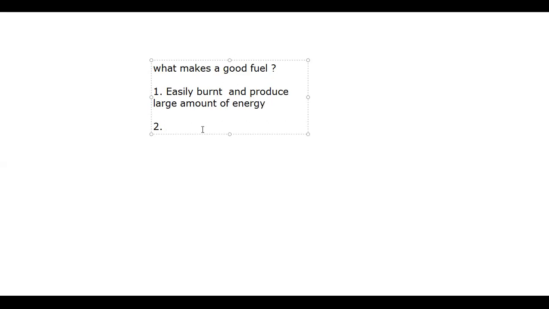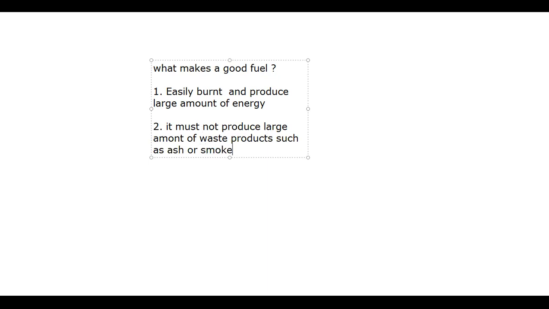Two, it must not produce a large amount of waste product. And three, it must be manufactured cheaply.